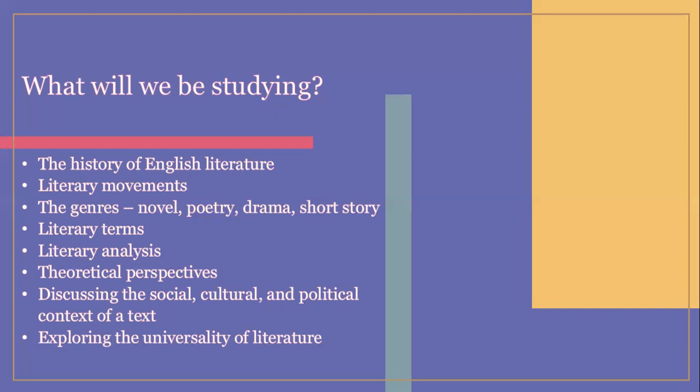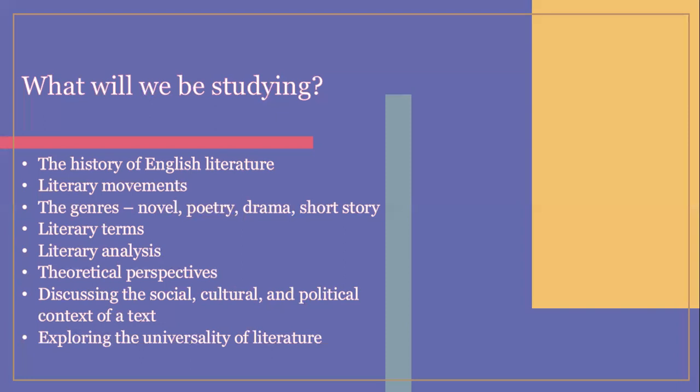Moving on, we will be using the Routledge and Oxford Dictionary of Literary Terms to learn about various literary terms like metaphor, simile, allegory, catharsis, rhyme, rhythm, meter, and why we will be studying and reading the definitions of these literary terms.